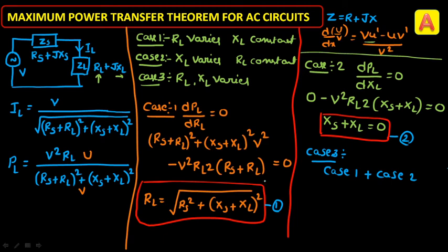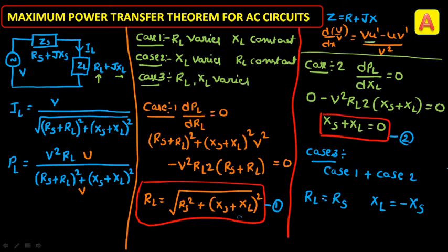Substituting equation 2 in equation 1, with XS plus XL equal to 0, the remaining is root of RS square, so the square and root cancel and RL is equal to RS. From the second equation, XL is equal to minus XS.